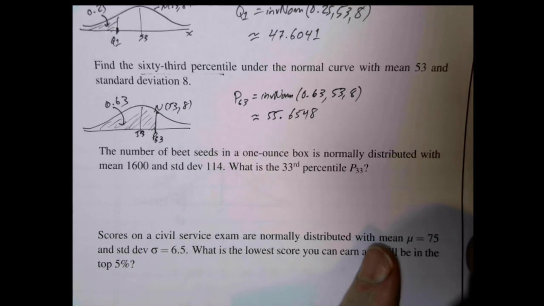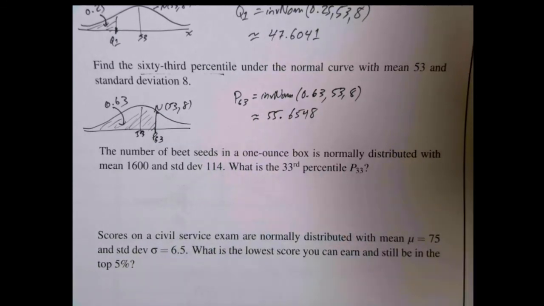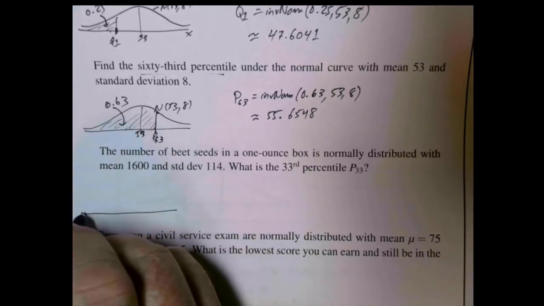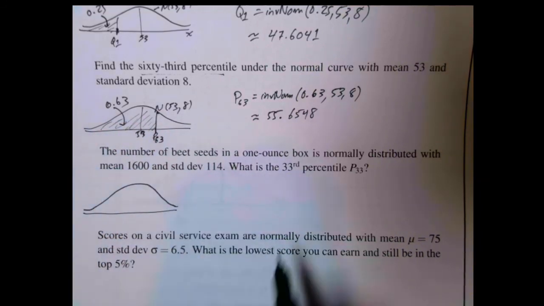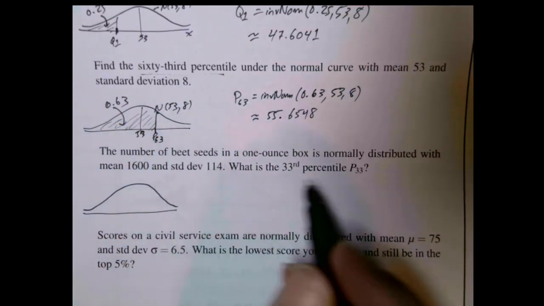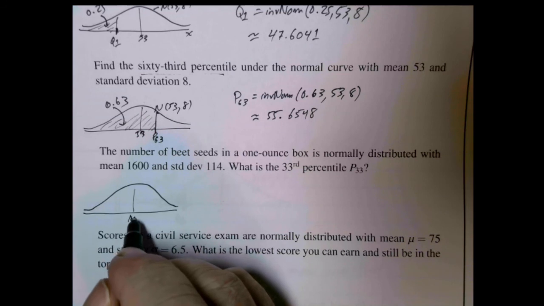All right. Here's something that looks like a word problem. The number of beet seeds in a 1 ounce box is normally distributed with mean 1600 and standard deviation 114. What is the 33rd percentile P33? Well, we'll draw a picture here. So the mean, 1600.